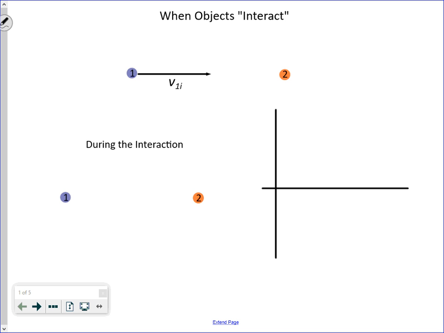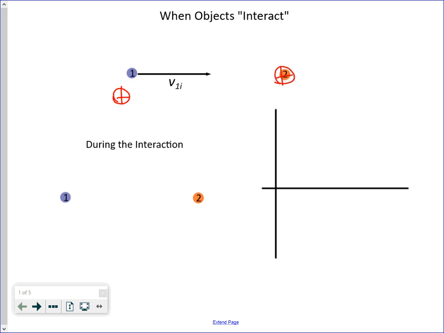What if there are things that can get near each other and don't touch each other, but still are able to interact? Like what if this one's a positively charged something, and so is this one? Those two kinds of things will get near each other, and they most likely won't touch each other, but they still interact.